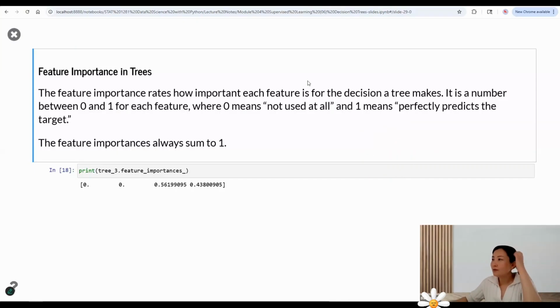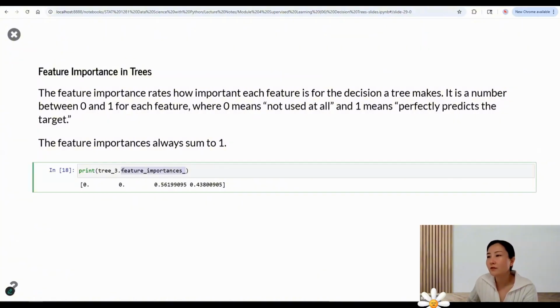All right, and then the results are calibrated so that the sum is equal to 1. The sum of the feature importances of all the variables is always equal to 1. For example, let's see the feature importances for tree 3 for all of the 4 variables. So it turns out that 56% for petal length, 43.8% for petal width.